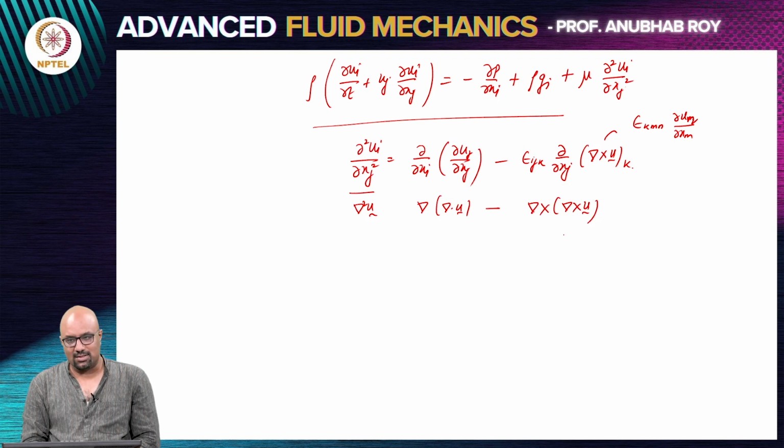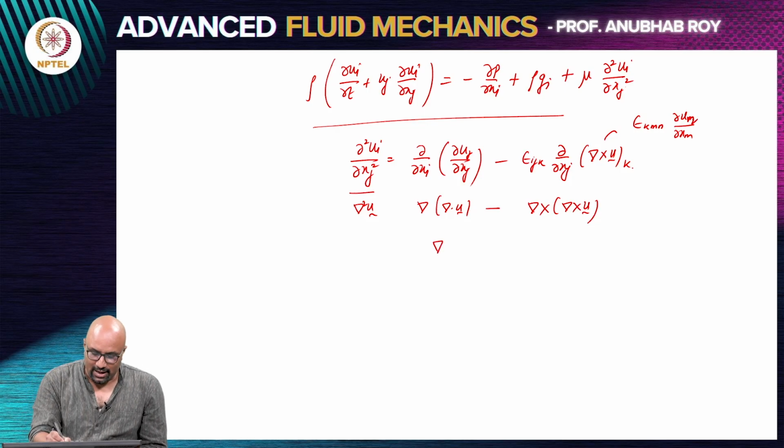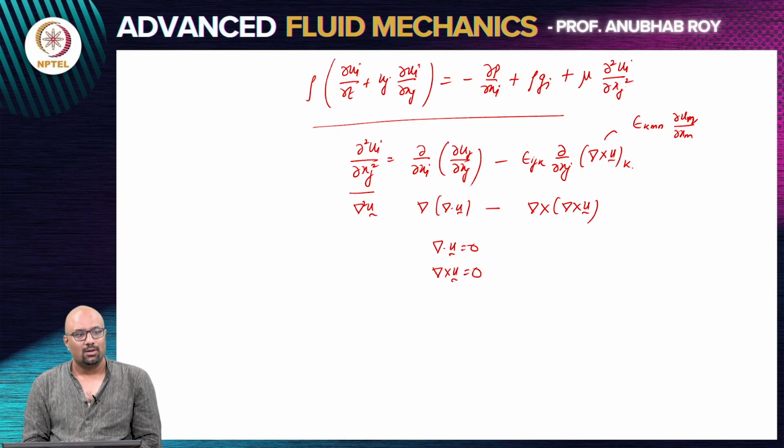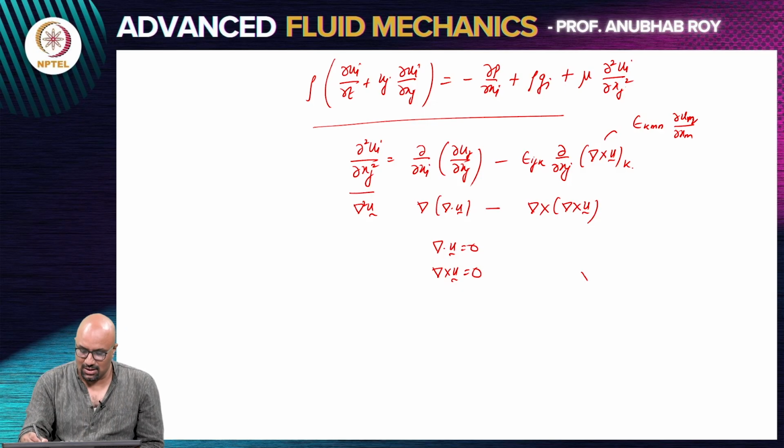Now, why is this interesting? If I am doing potential flow problems, what are the two things that we have? Divergence of u is 0 and curl of u is 0, which means the viscous force del squared u is identically 0 for potential flows.